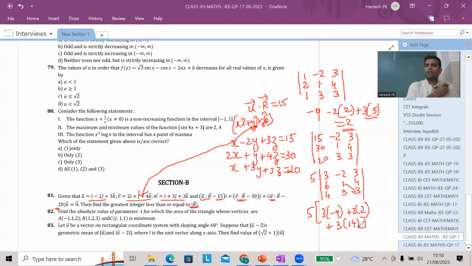So now when I simplify this, 42 and 27 will give me 15, 15 plus 4, 19, 19 5s are 25.